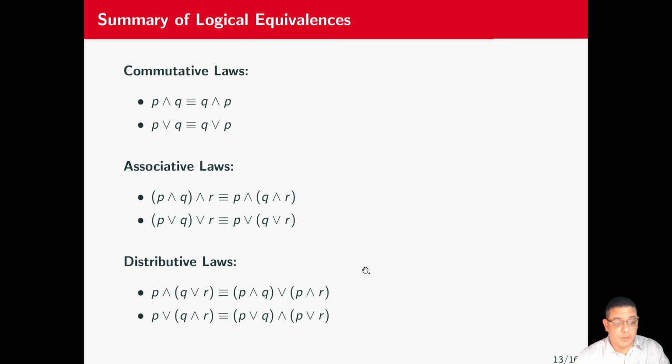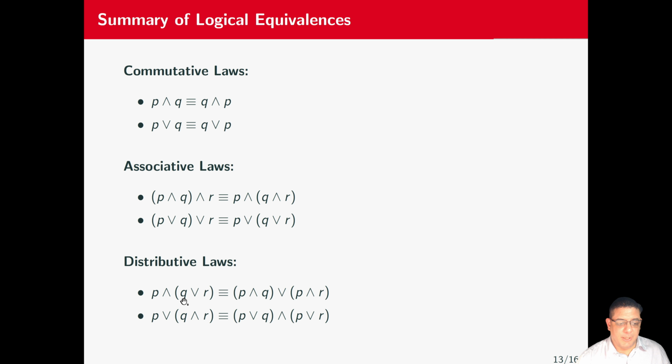Now distribution, you have to pay attention here, because you have an and distributing over an or, and an or distributing over an and. What's going to happen is that this splits into a situation for each of the propositions.